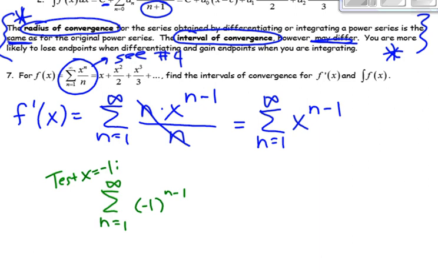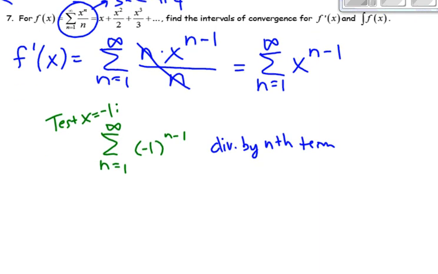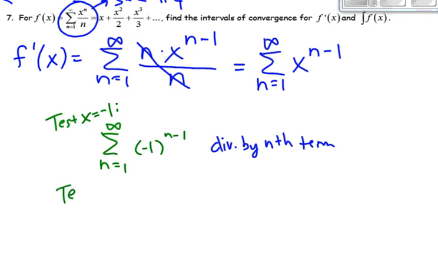For the same reasons that we saw, I believe, in example 5, this is divergent by the nth term test, so that is not convergent. Then we want to test at x equals 1. I know it seems tedious, but you do have to write all of this out. 1 to the n minus 1 is just 1, so that also diverges by the nth term test.